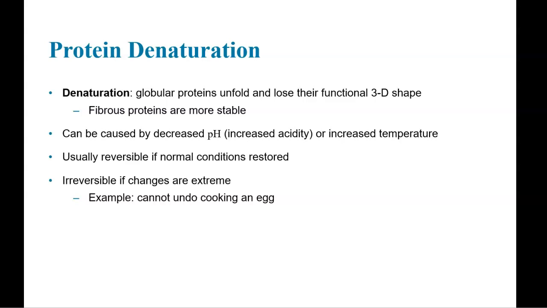Usually it is reversible if the normal conditions are restored, but if the conditions are too extreme, then it is not reversible. For example, when you cook an egg, once it's fried or heated to a certain degree, the form of the egg changes completely. That cannot be undone.